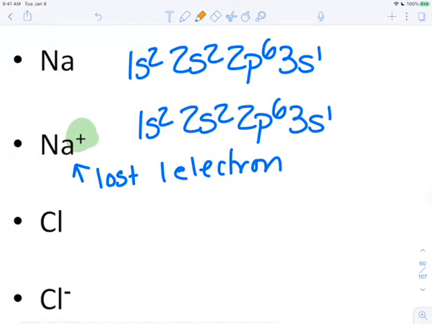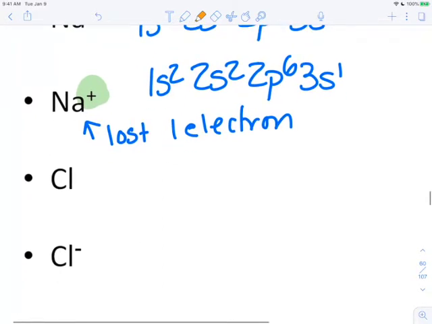One of those electrons got lost. Which one? Which electron are we getting rid of? All right, so I'm seeing lots of 3s1s, and you are correct.